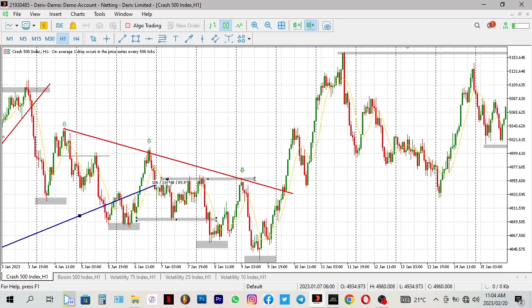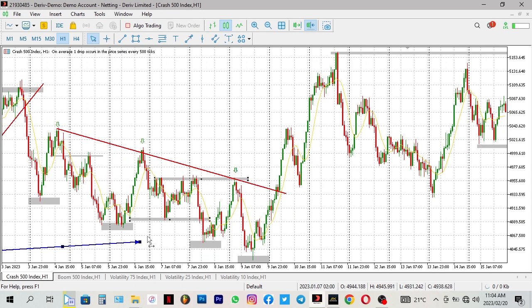We have 3 good touches on our resistance and 3 good touches on our diagonal trend line. So we would take an entry here down to our lower low level, which is our first TP.